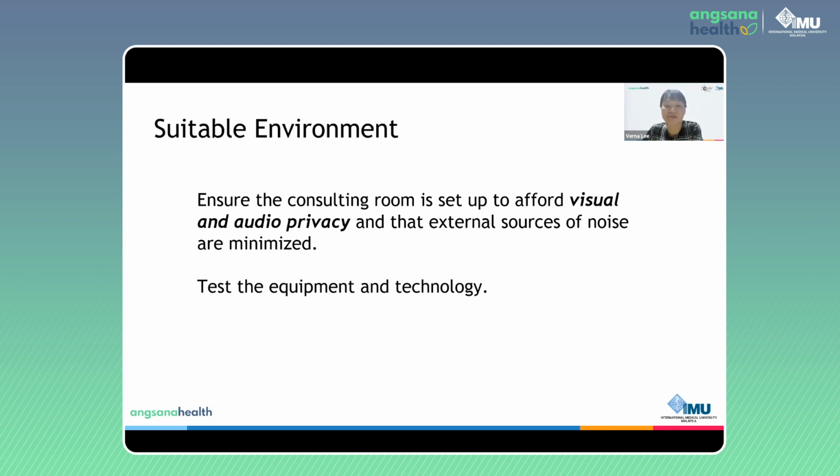The other one is the environment. During the consultation, we should make sure nobody is walking in and out, so privacy is of utmost importance. Just like in-person consultation, you still have to maintain confidentiality and privacy. Just put a no entry sign or lock the door.